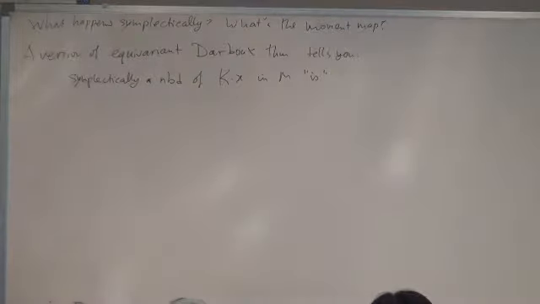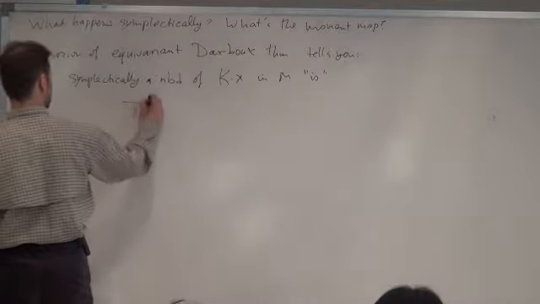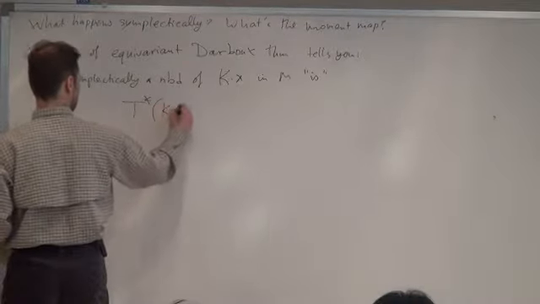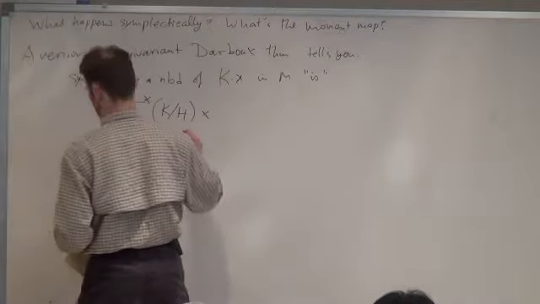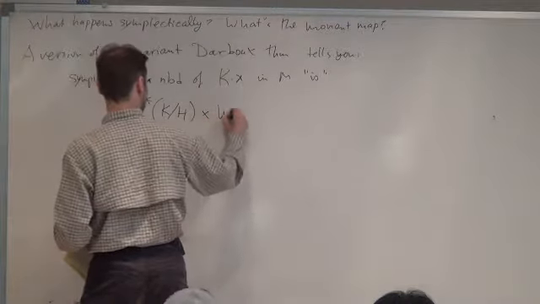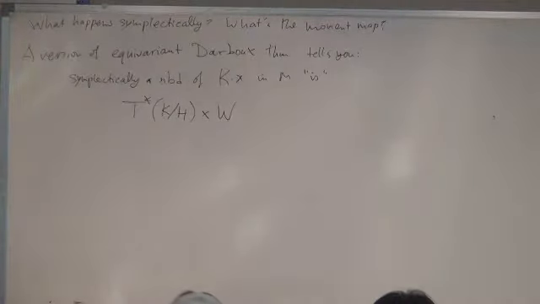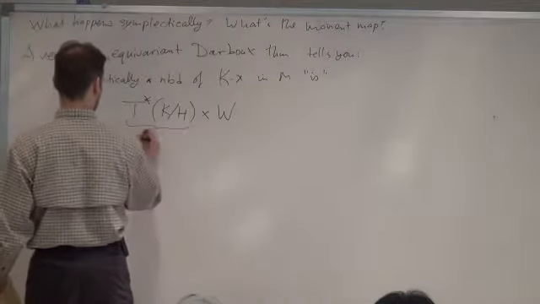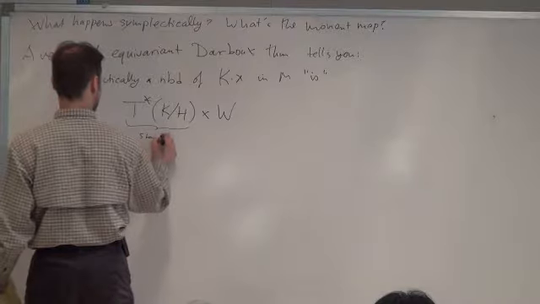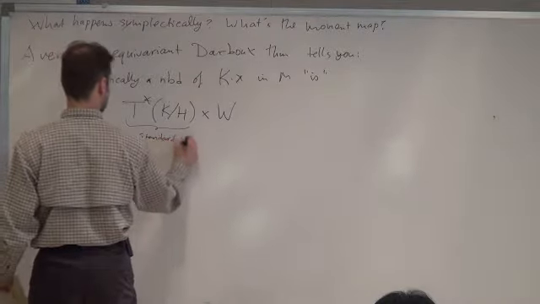So how do you understand this guy? This is really the cotangent bundle cross W, where this one has the standard symplectic structure.